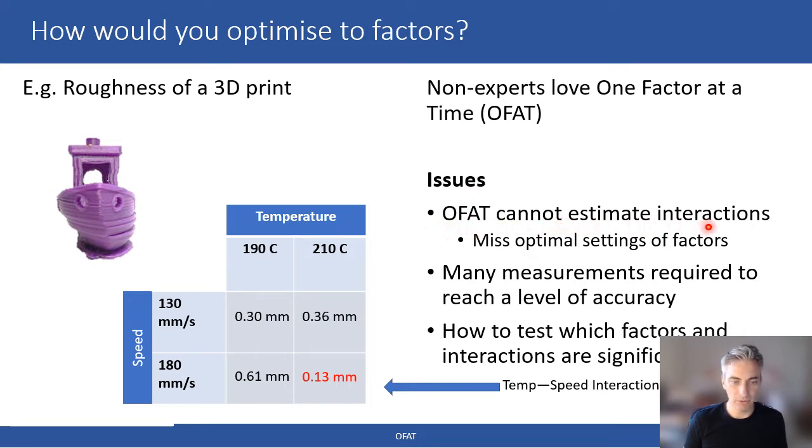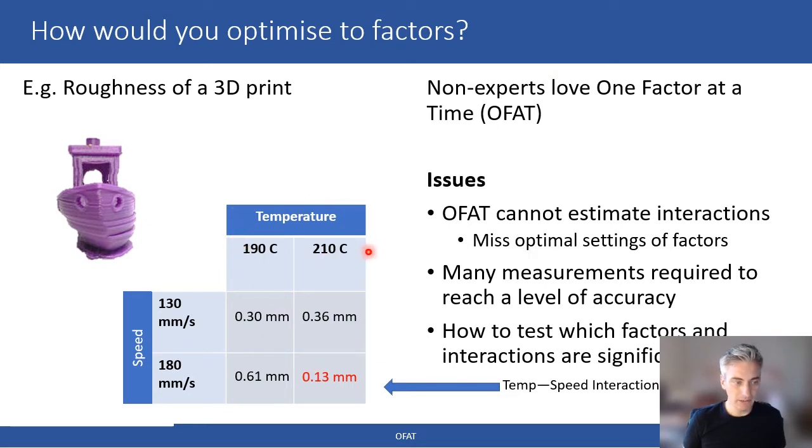Many measurements are required to reach a certain level of accuracy, especially if, in this case, we're just looking at two levels of each factor, but maybe you might go from, say, 130 to 180 millimeters a second, and then decide, oh no, both of those are too fast, so I should go down to another speed and see how that happens. And then maybe I should try a slightly different temperature, and then it will take you a long time to converge on a solution or converge on an optimum.